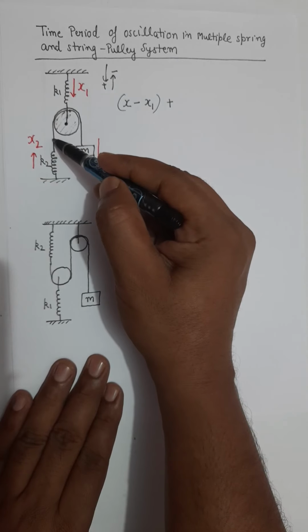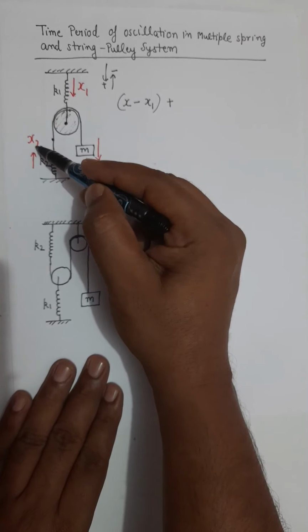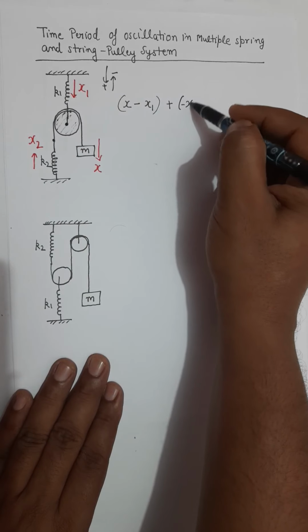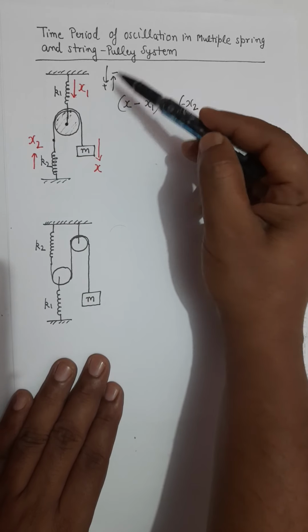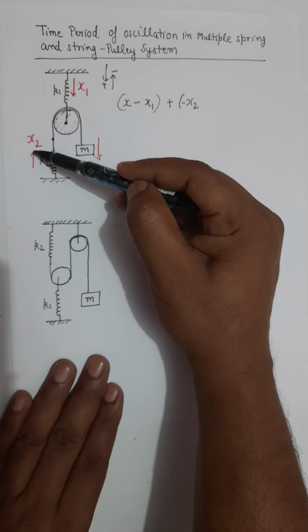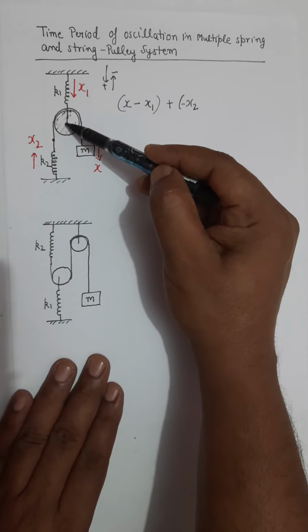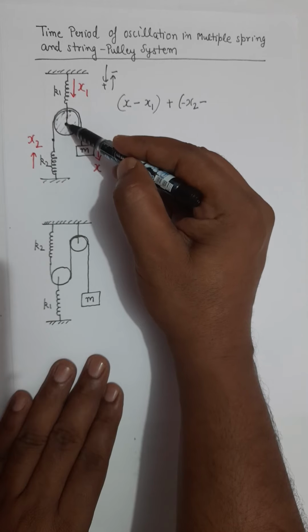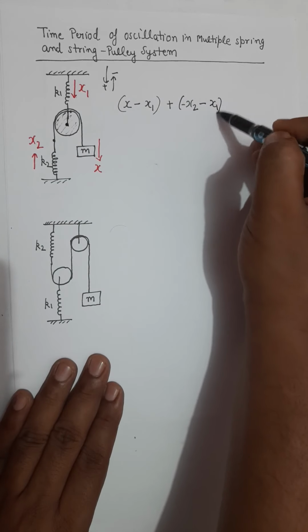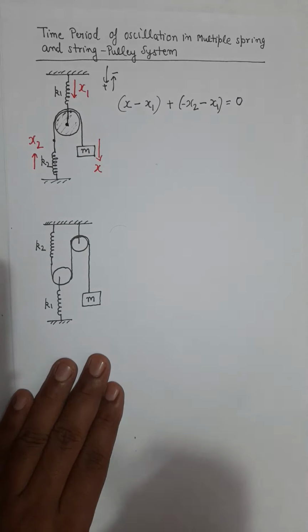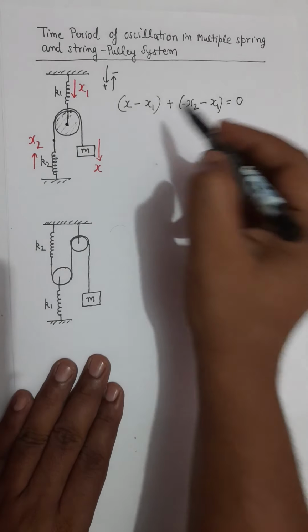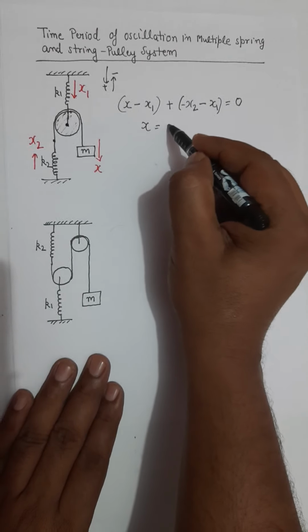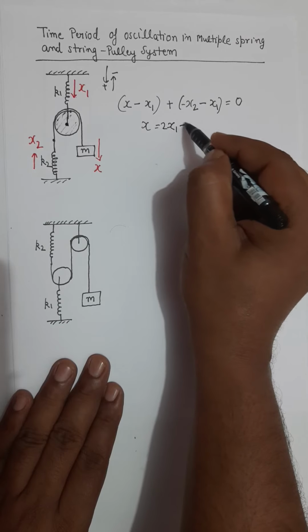On the left hand side of the pulley, we have displacement x2, which is negative x2 because of the sign convention, and for converting it relative to the pulley, you have to subtract the displacement of the pulley, which is x1, and put it equal to 0. So the constraint equation is now x equals 2 times x1 plus x2.